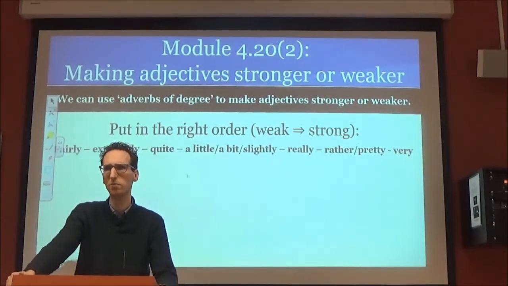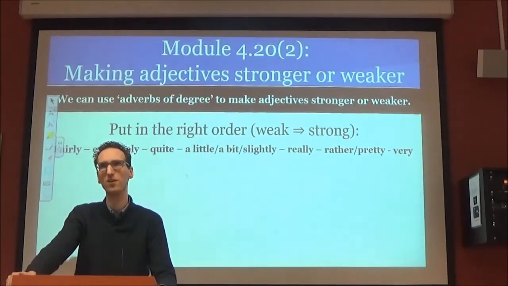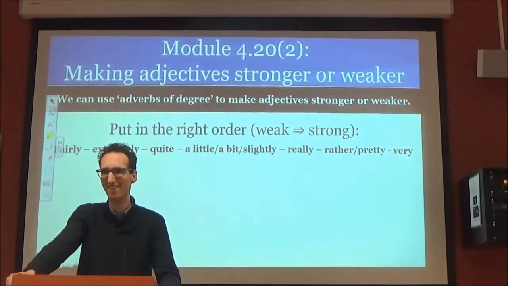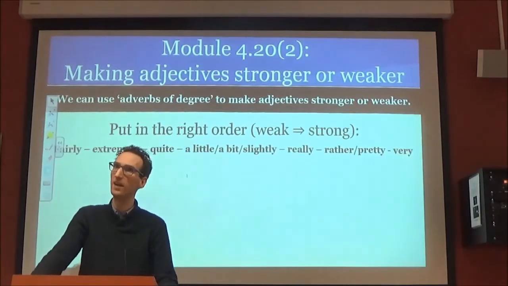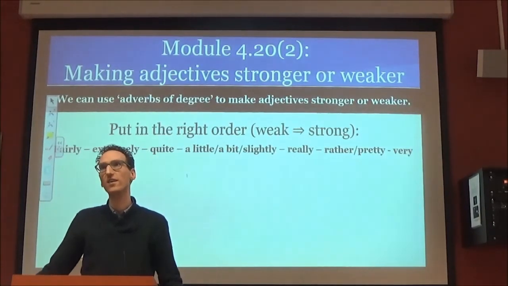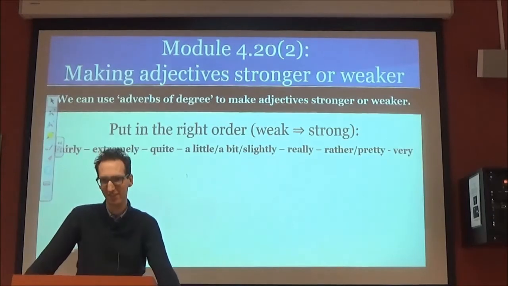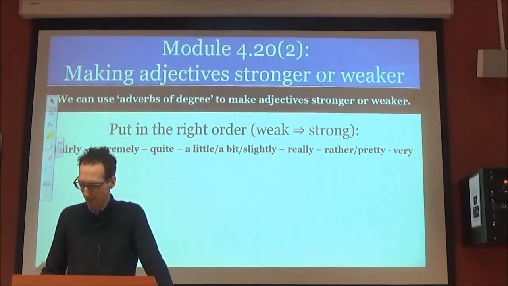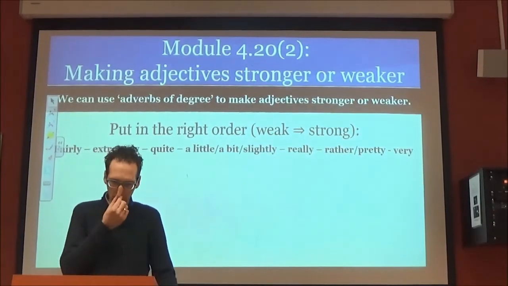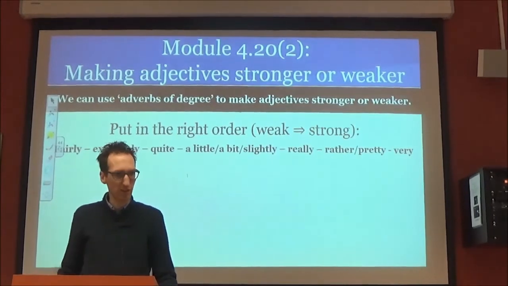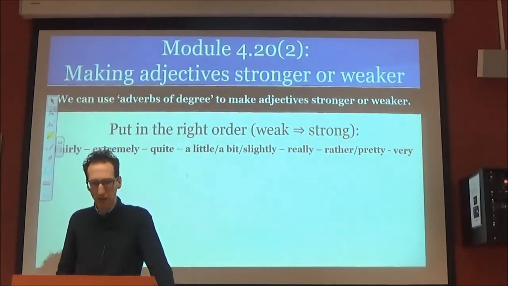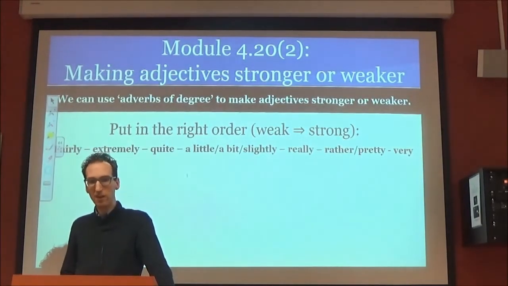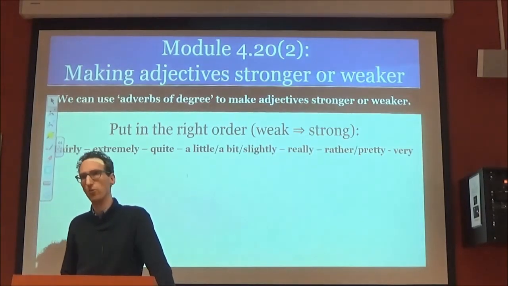You can't say a quite big. No, I know, but why? I don't know. That's just what we do. Yeah? The rule will probably be after quite you use a. Quite a big. You don't say a quite big. Anyway, so can you put these adjectives in the right order?